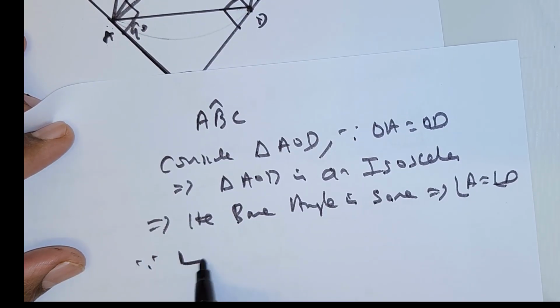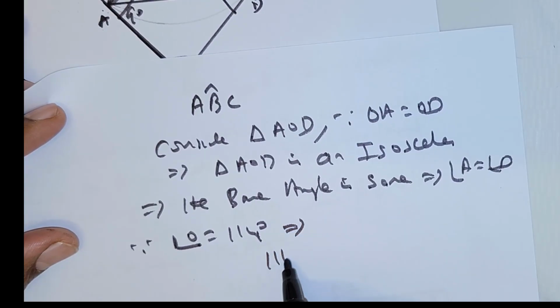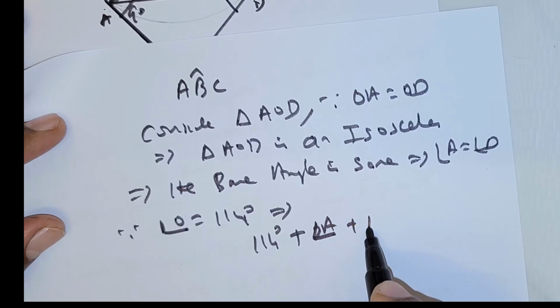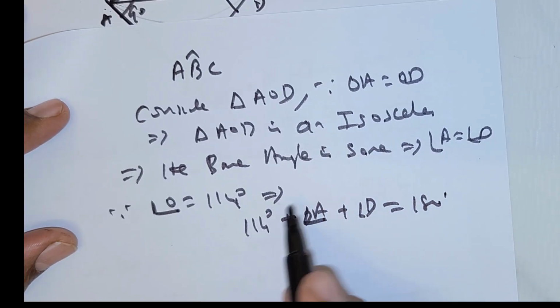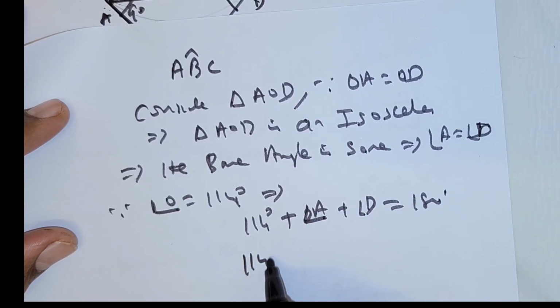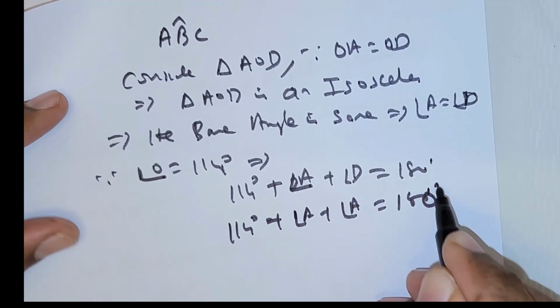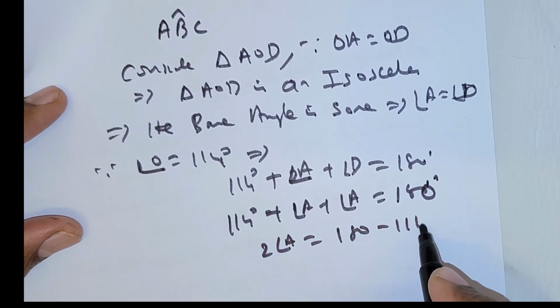But angle at O is 114 degrees. So 114 degrees plus angle at A plus angle at D is 180 degrees from the law of triangles. But angle at A is equal to angle at D. So 114 plus angle A plus angle A is equal to 180 degrees, which means 2 times angle A is equal to 180 minus 114.